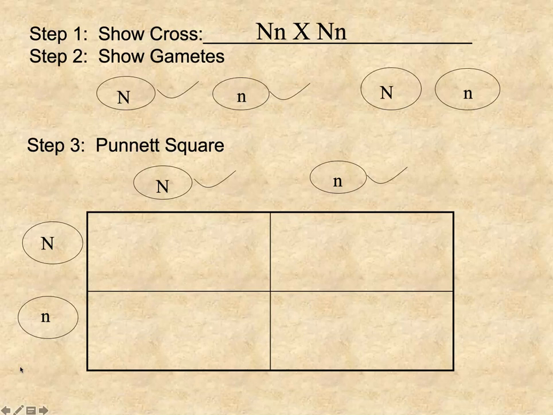And so we set up the Punnett square that shows the potential fertilizations. Across the top, we have two kinds of sperm, and down the side, we have two types of eggs. If a normal sperm cell fertilizes an egg that contains the normal allele, you're going to have two dominant normal alleles.